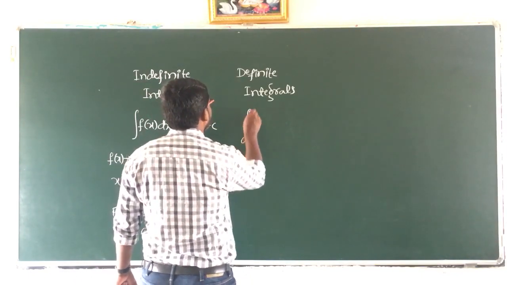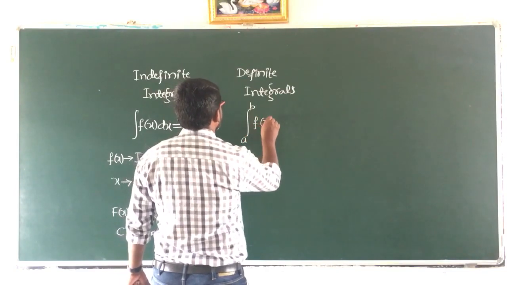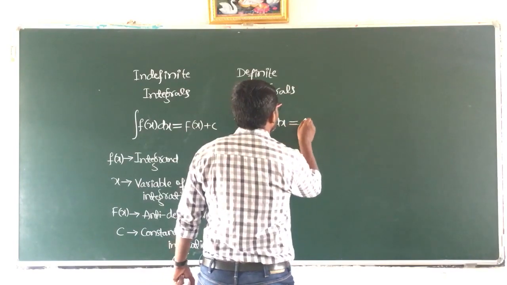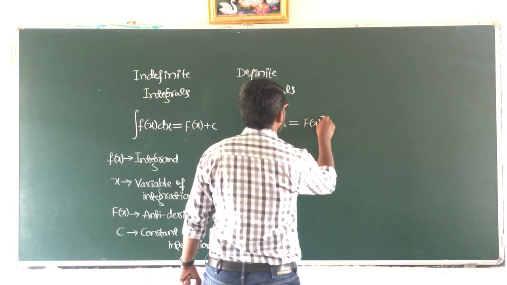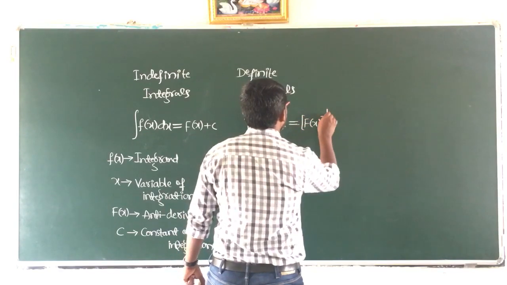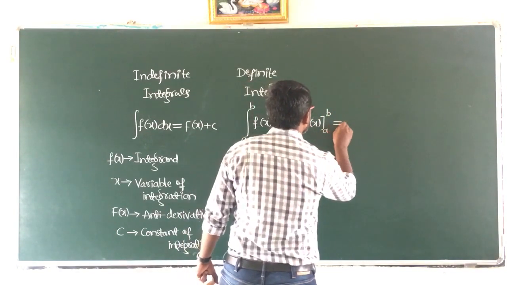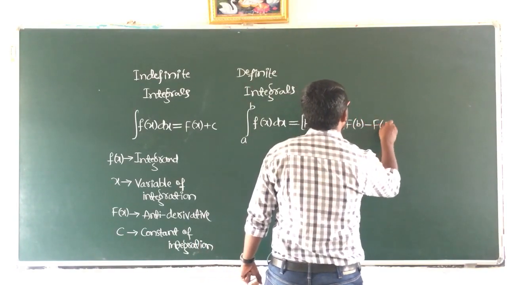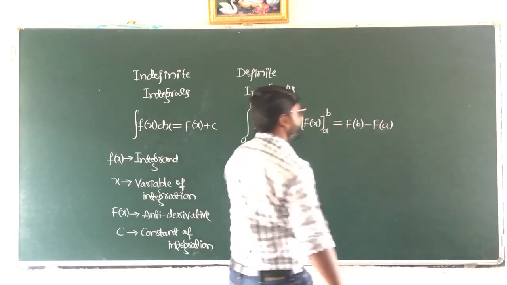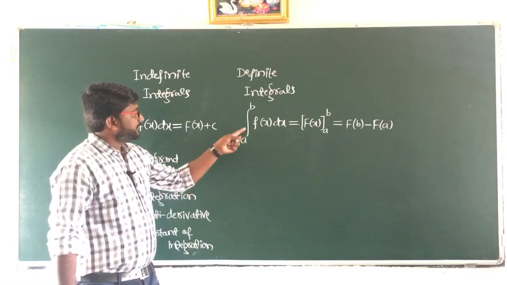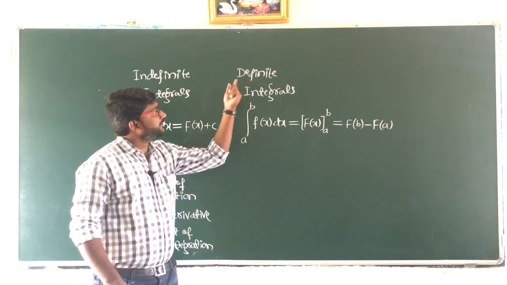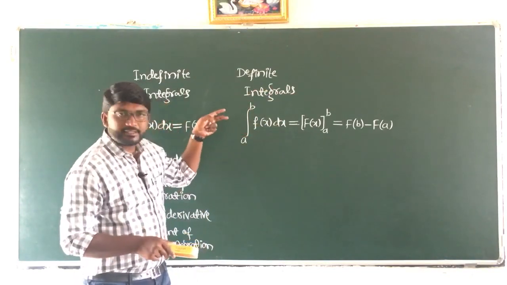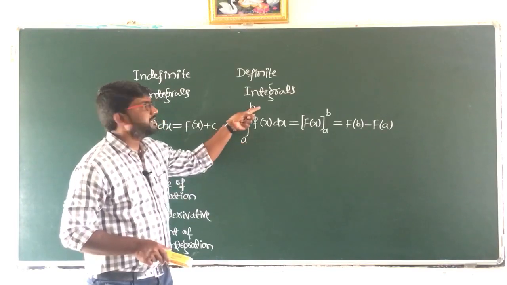It is the integral from a to b of f of x dx, which is equal to capital F of x from a to b, which is F of b minus F of a. Definite means we are going to have a number after simplifying this integral. It is within the limits. Here a is the lower limit and b is the upper limit.